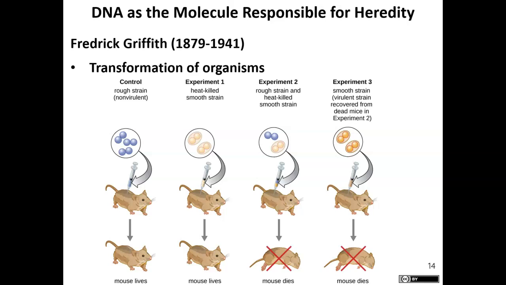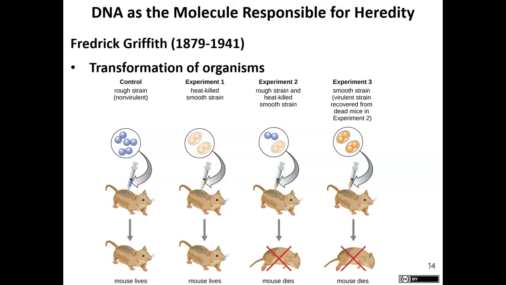He found that there was a smooth strain. The smooth strain had a capsule surrounding the strep bacteria. And then there was a rough strain of streptococcus bacteria. The rough strain did not have the capsule.